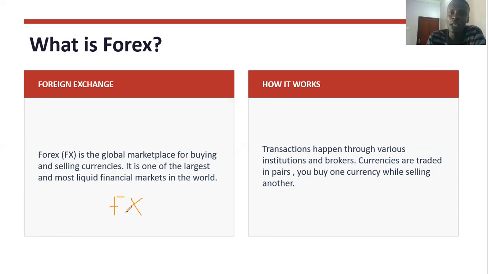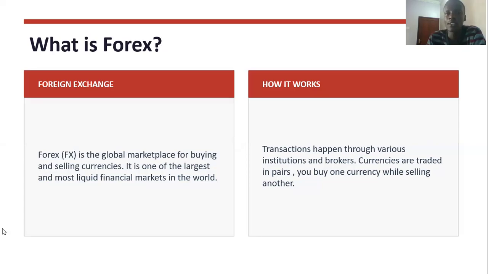There are many currencies that are tradable, and it's one of the largest and most liquid markets. What liquid means is something that's traded a lot, something with many people participating to buy and sell. It's the most liquid financial market in the world compared to bonds and stocks. It's one of the most largely traded.